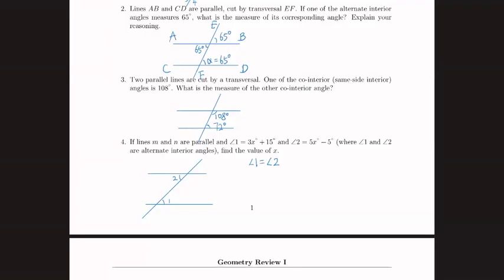So 3x plus 15 equals 5x minus 5. Okay, how do we solve this? Then that would be 2x equals 20. So x equals 10.